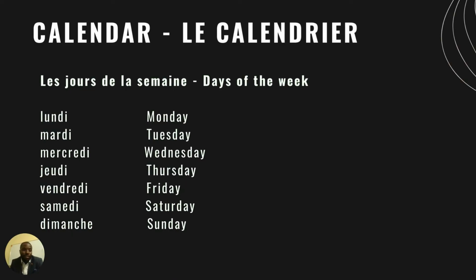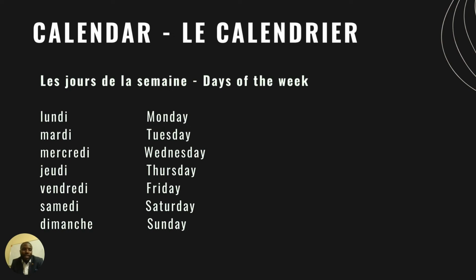So first and foremost, we're going to look at what? Les jours de la semaine, days of the week. If you remember when I mentioned in passing the idea of articles, they also change, not just in terms of gender, they also change in terms of number. Because now we're talking about days, the word jour, now they're plural.